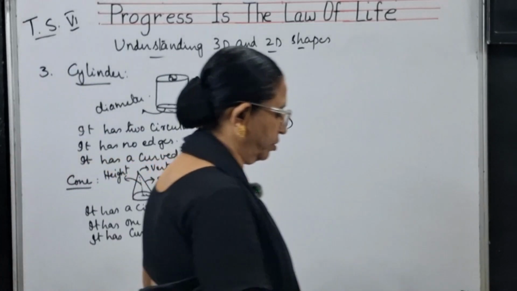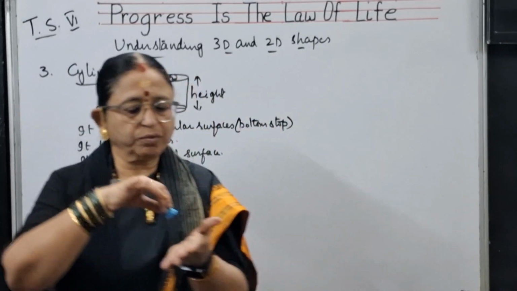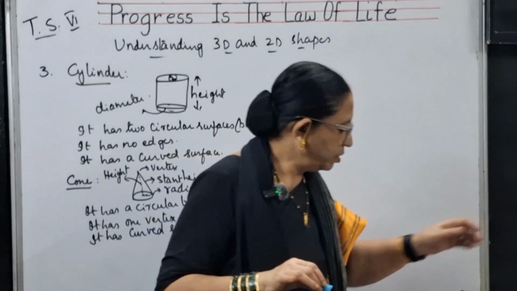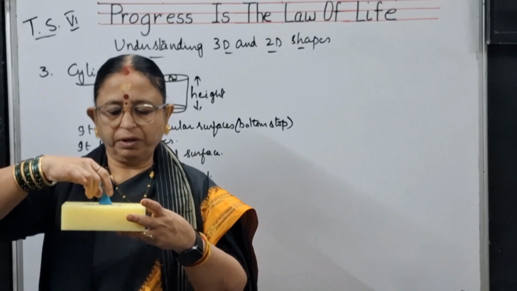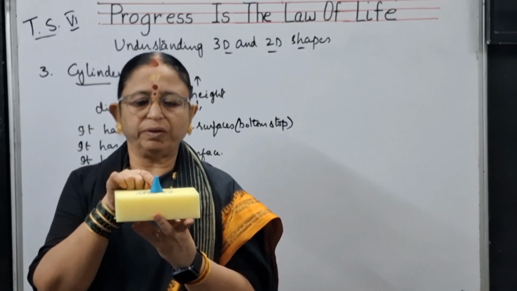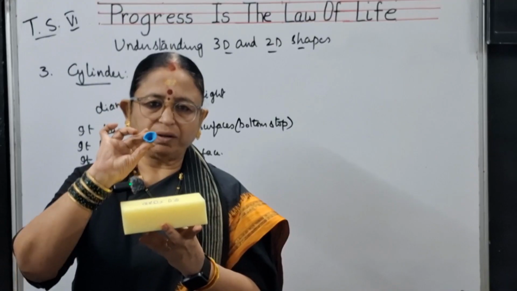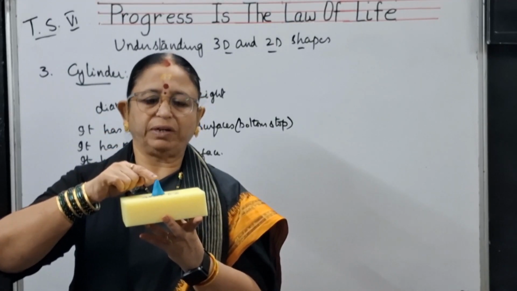So let me show you a small model I have made for this cone. I hope it is visible to you. I'll keep it up so that you can see properly. So this is a cone, children. It has a circular base and this top one is called a vertex.